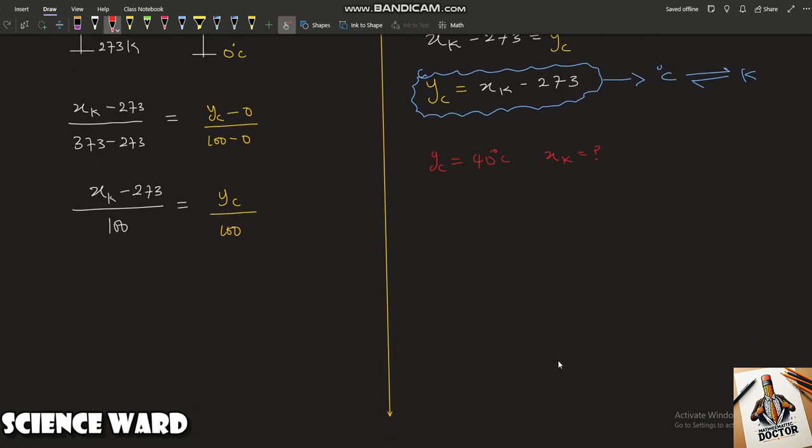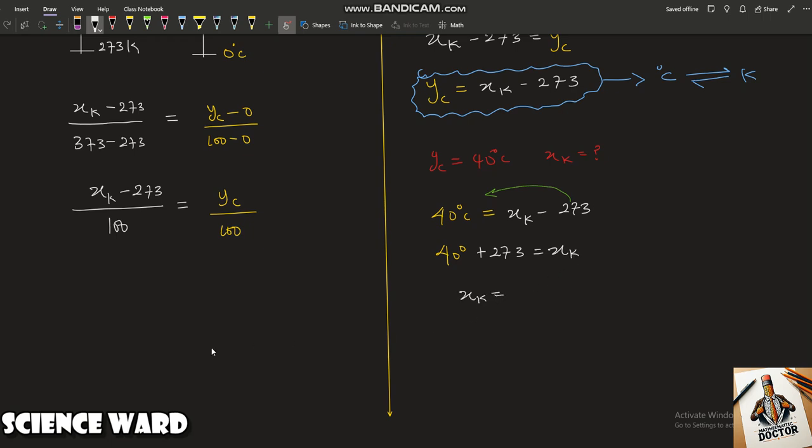We can try to solve this out. The Celsius scale will be 40 degrees Celsius, and that will be equal to xK minus 273. If I solve this across, moving my 273 that way, we're going to get 40 degrees Celsius plus 273, and that will be equal to xK.